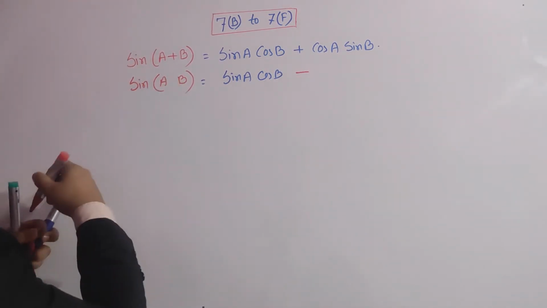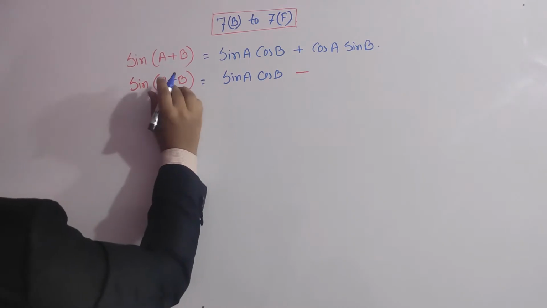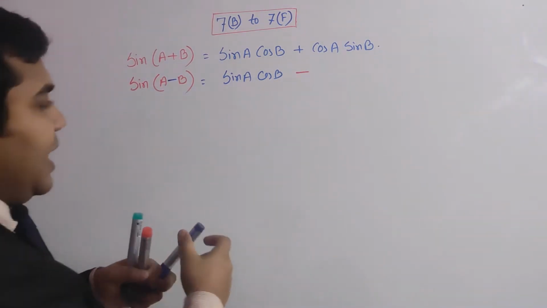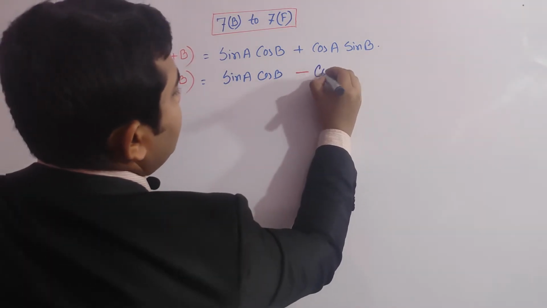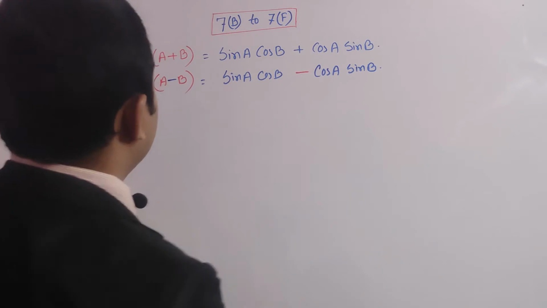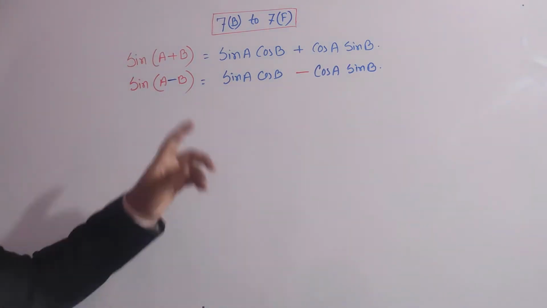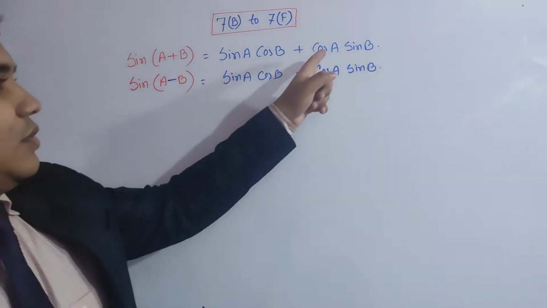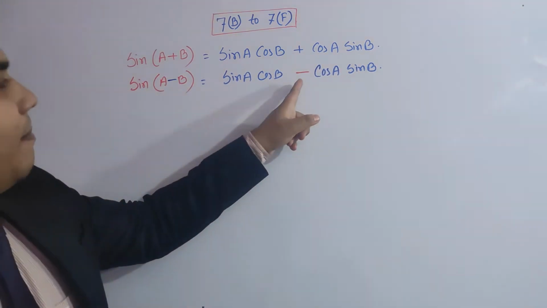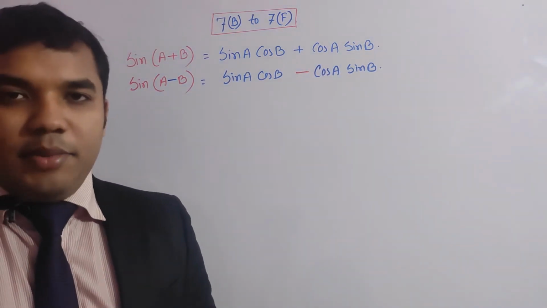Since the sign here was negative, that's why it is also negative. So sin A plus B is sin A cos B plus cos A sin B, and sin A minus B is sin A cos B minus cos A sin B.